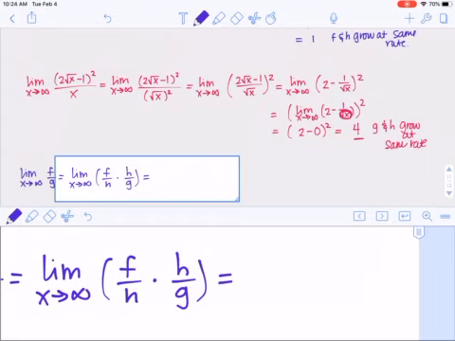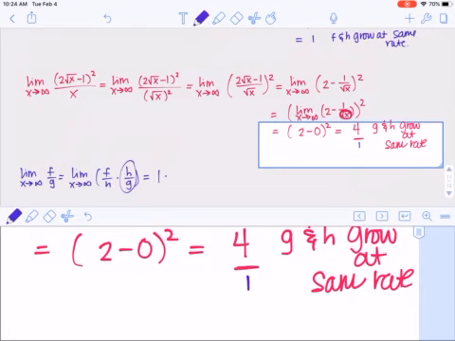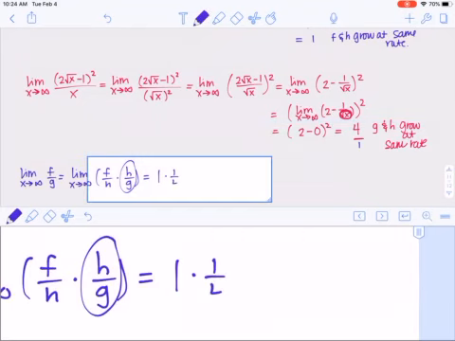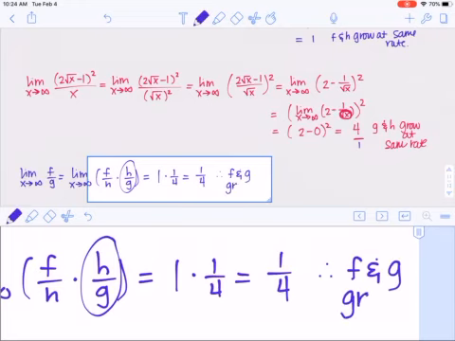So this would be 1 from the previous one, right? That's the answer we got above. We didn't do h over g, we did g over h, and so all I have to do is take the reciprocal of this. That's 4 over 1, so this would be 1/4. And my answer is 1/4, which is a non-zero constant, right? And so, therefore, f and g grow at the same rate.